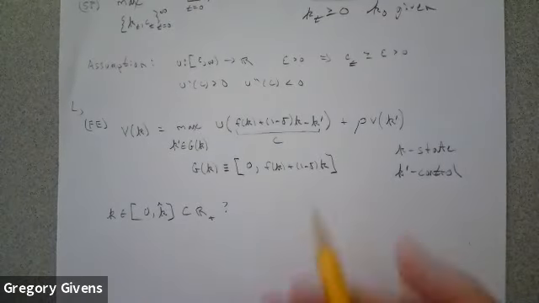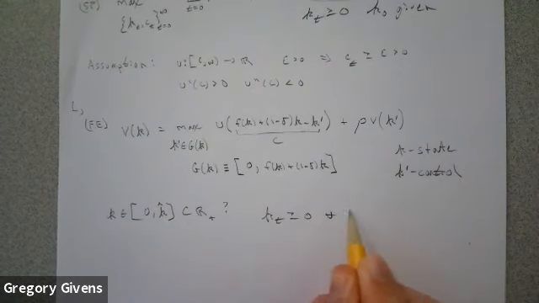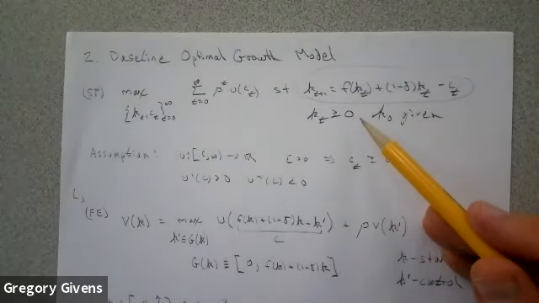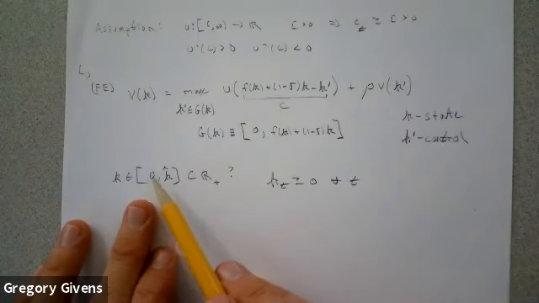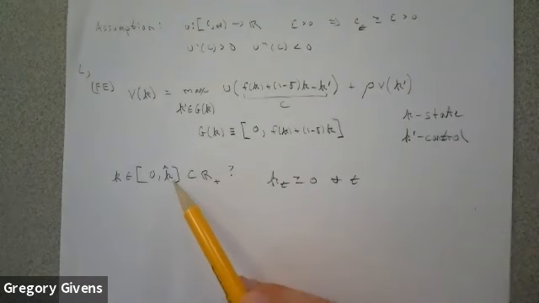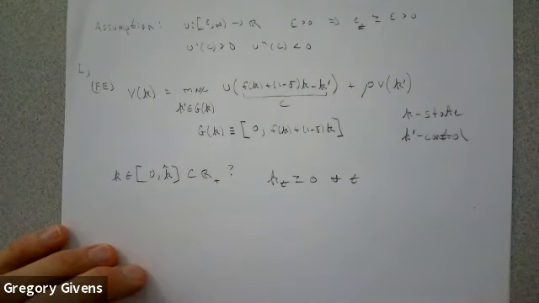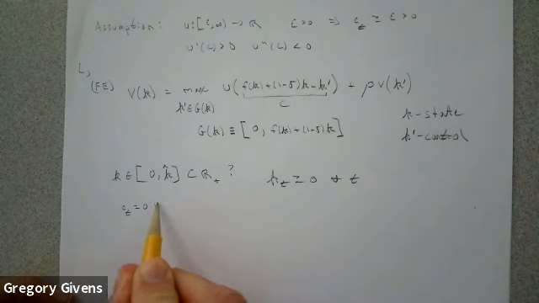We know that k_t has to be bigger than or equal to 0 for all t. That's a physical constraint on the problem. So we know that K is never going to be less than 0. But is it bounded above by some finite number, let's say K hat? It is. How do we prove that? Well, let's assume, for the sake of argument, that consumption is 0 forever.